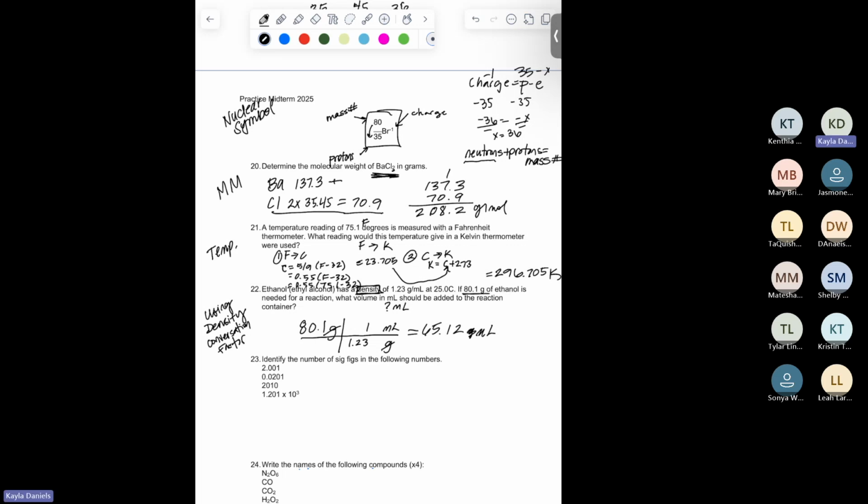All right, 23, lovely old sig figs. I put a bunch of different identify-the-number questions, but again, remember your test is multiple choice, so it might just give you one of these numbers and then say A, B, C, or D answer choices. But for the sake of practice, we can go through and identify.